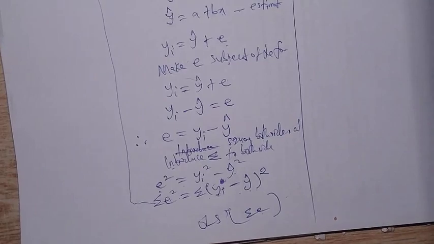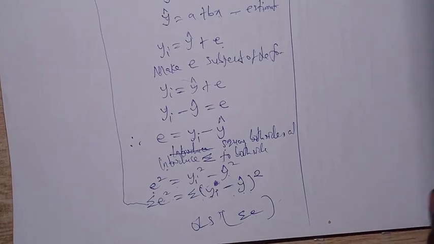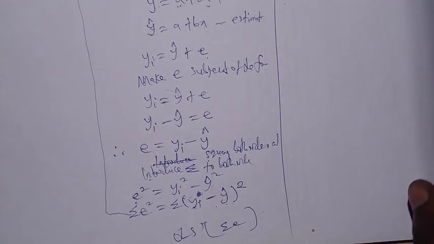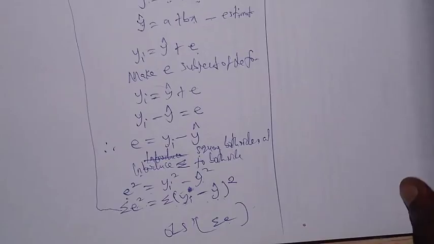And the OLS principle is based on the Gauss-Markov theorem, which states that the least squares estimates possess some desirable statistical properties. That is, the estimates are unbiased linear estimates, and they have minimum variance.